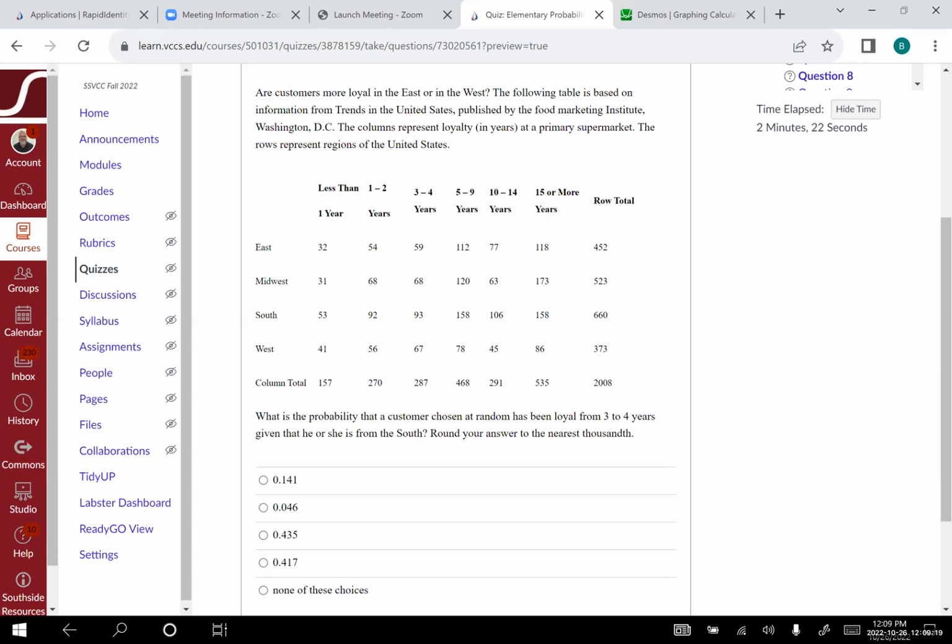So it sounds like conditional probability to me. The probability of 3 to 4 years given from the South.